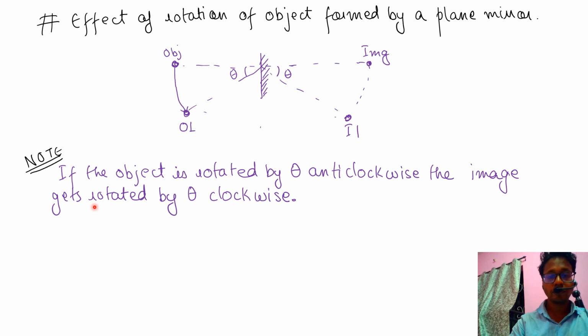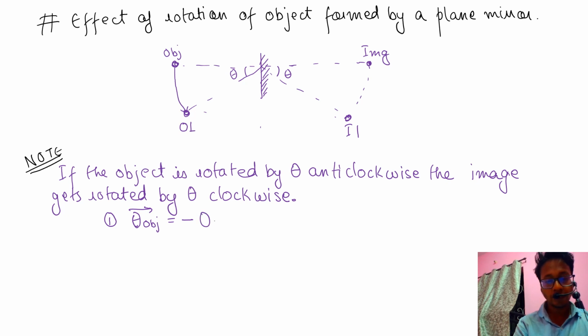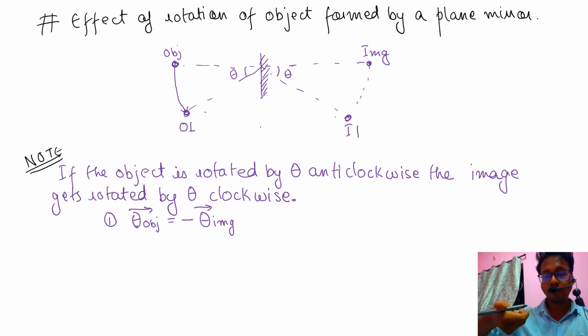So this anti-clockwise vector is a vector that is towards yourself. So can I say the angular displacement of the object vector is negative of the angular displacement of the image? Because the object vector will always be opposite to the image vector.